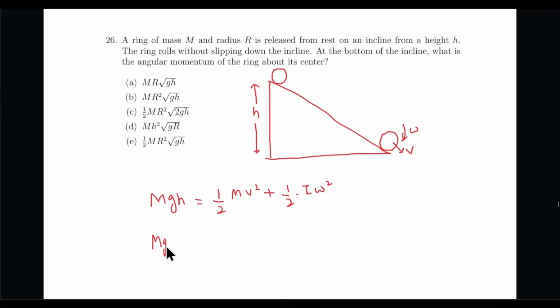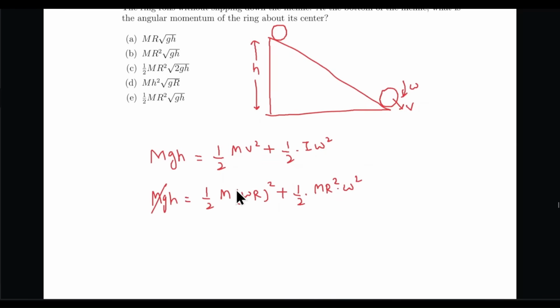So this will be mgh. Actually, this is a ring, so I'm just going to replace I by mr square. I think this is going to make my life a little easier. And v is omega r, so half m omega square r square plus half mr square omega square. m is gone, so I'm left with gh equal to half omega square r square plus half omega square r square, which is just omega square r square equal to gh.